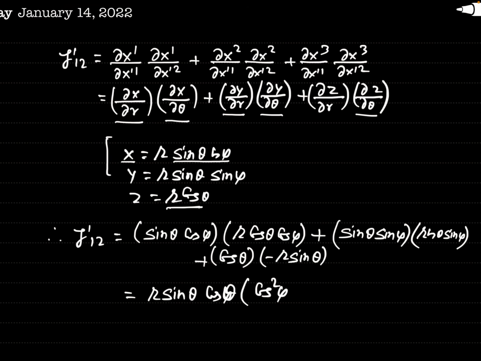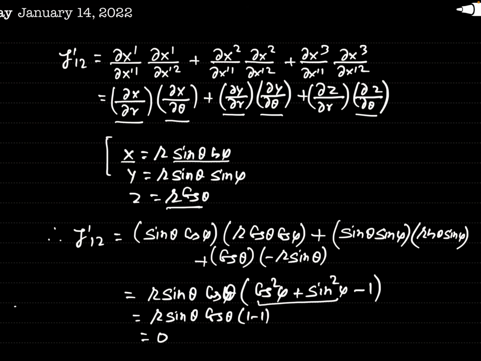In the first term there will be cos square phi, in the second term there will be sine square phi, and in the last term there will be minus 1. And since cos square phi plus sine square phi is equal to 1, this is r sine theta cos theta into 1 minus 1, which will be 0. So this result is 0. So finally we get that this g prime 1 2 is equal to 0.